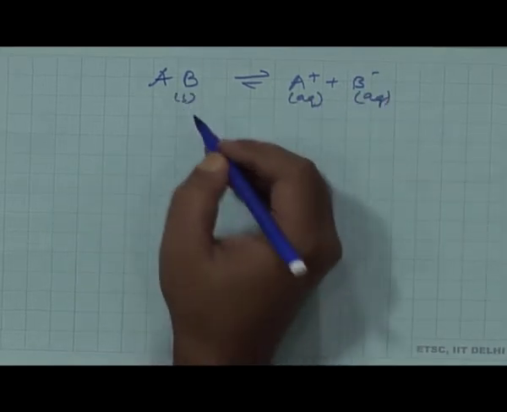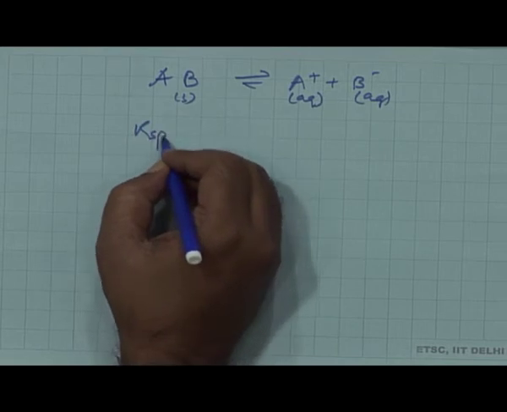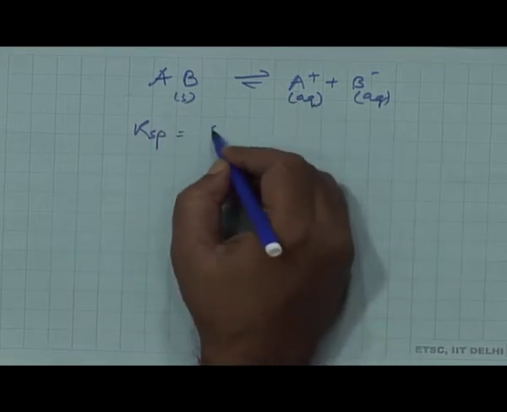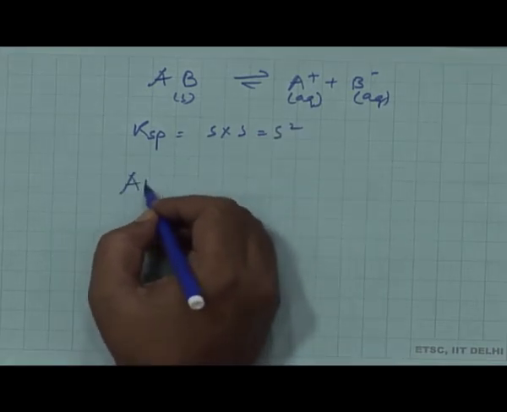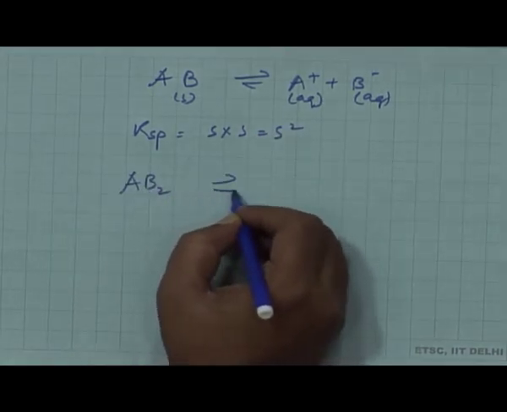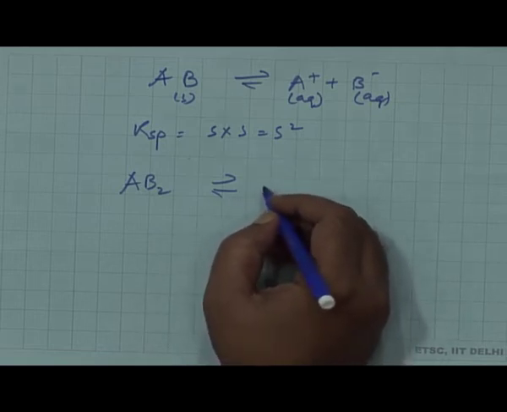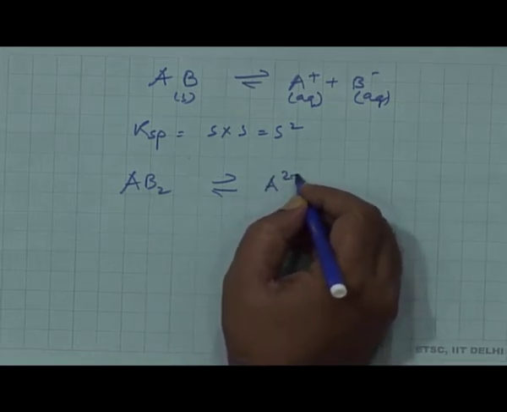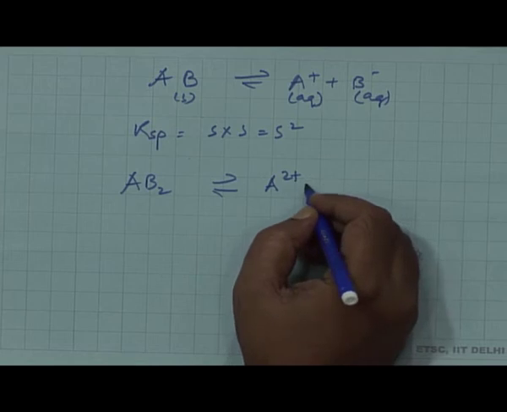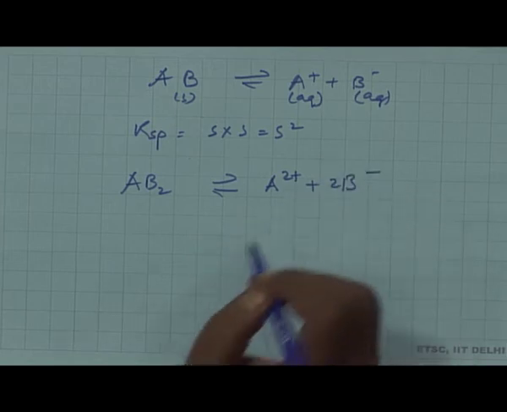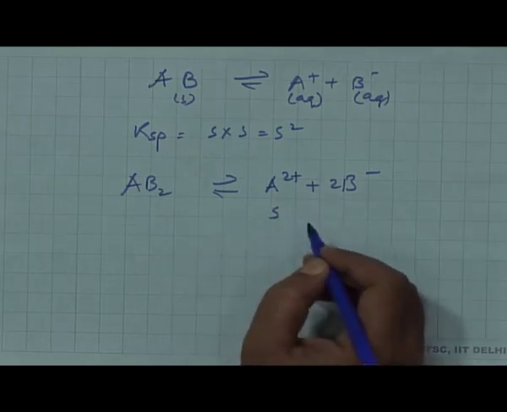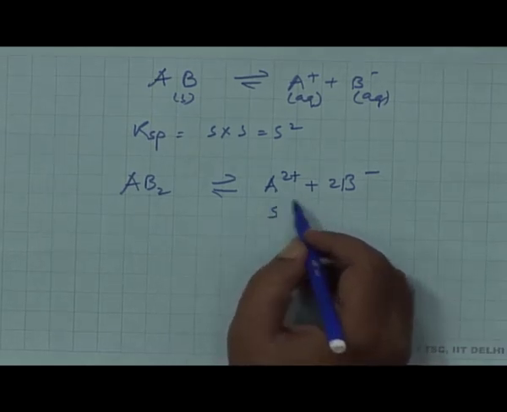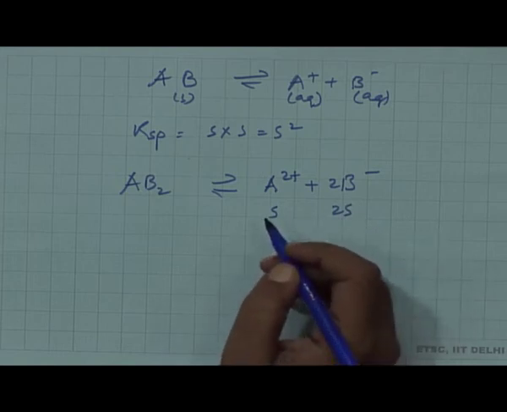This is solid, and in this case Ksp will be S into S, which is equal to S square. For an AB2 type of salt, you have A2+ and 2B-, and so if solubility is S, you are going to get S mole per liter of A2+ and 2S mole per liter of B-.